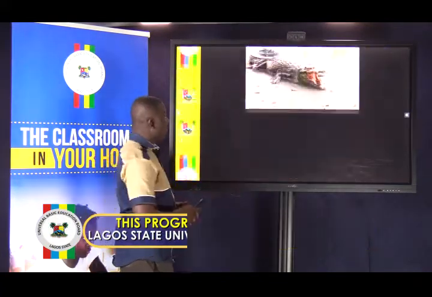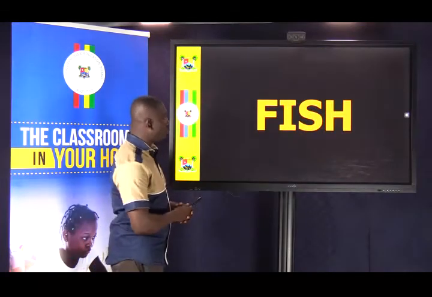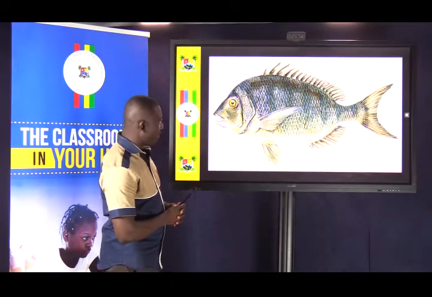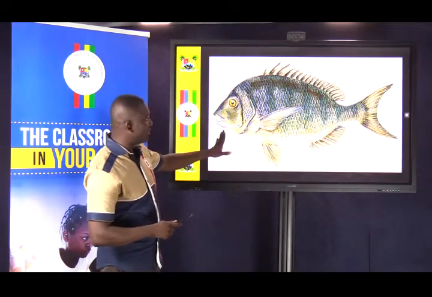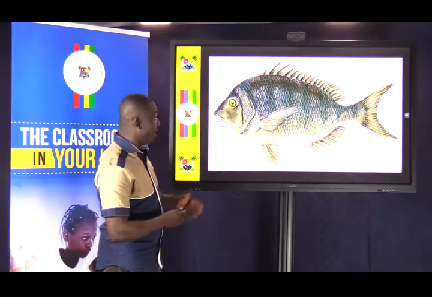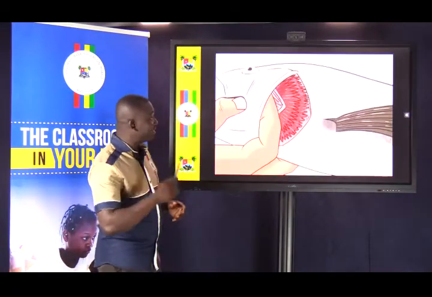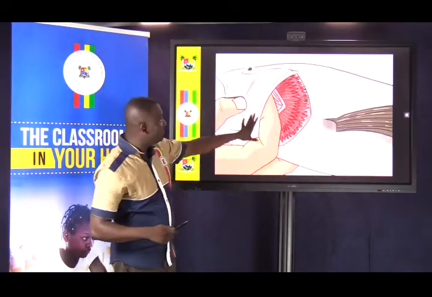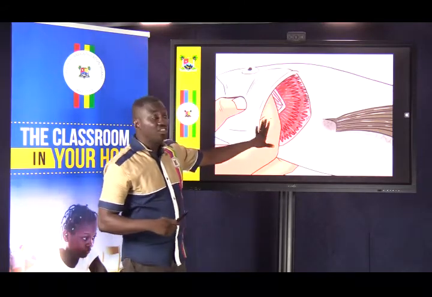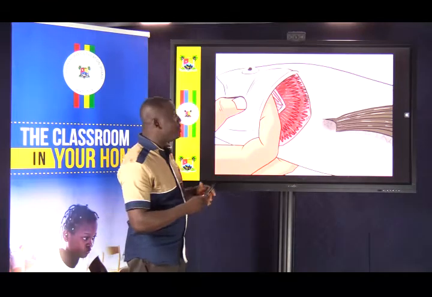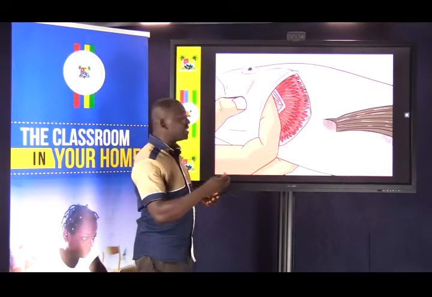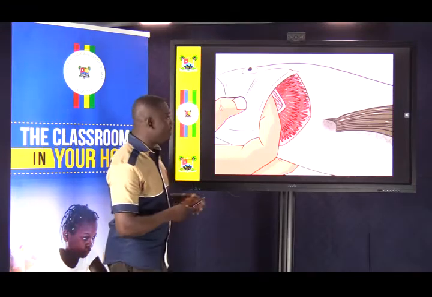Now I want us to look at a fish so that we can describe a fish. This is a fish. Of course, it has 2 eyes, a mouth, and most especially gills. Fish have gills. It is the gills that they use to breathe in water. They use the gills to take in oxygen from water.